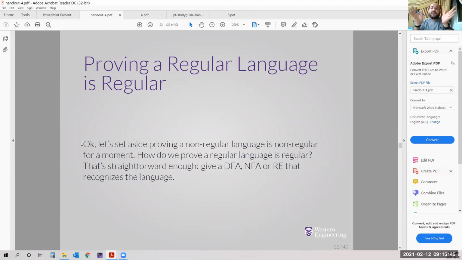If I ask you in the exam to prove that this one is regular, you draw the NFA or DFA, or you give a regular expression that describes that language, done. But if you cannot provide a DFA, NFA, or regular expression to describe that language, then we have to use the pumping lemma to prove it is not regular. Clear?